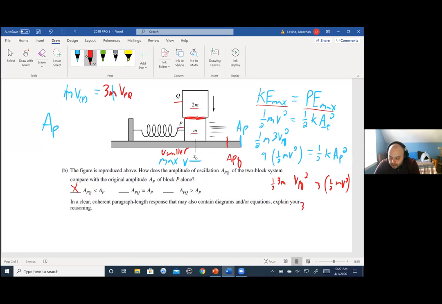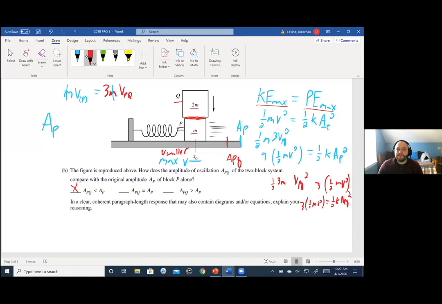So 3 times 1/2 mv squared is equal to 1/2 k times APQ squared. As a result, I now know definitively that the amplitude is a third of its previous value. Actually, no, the square of the amplitude is a third.